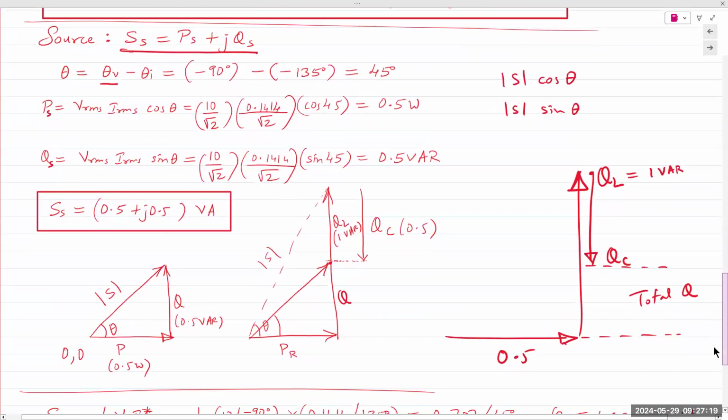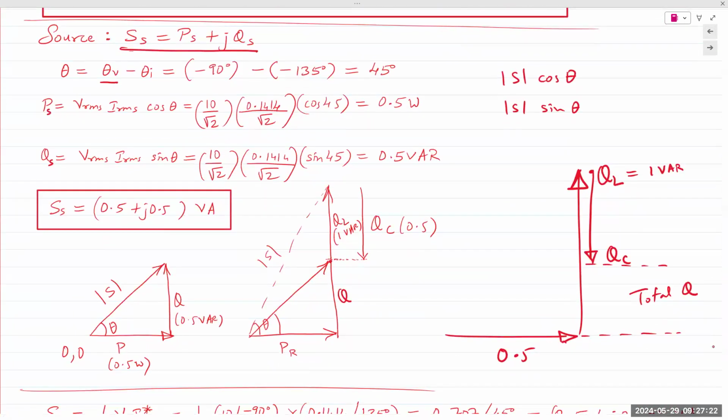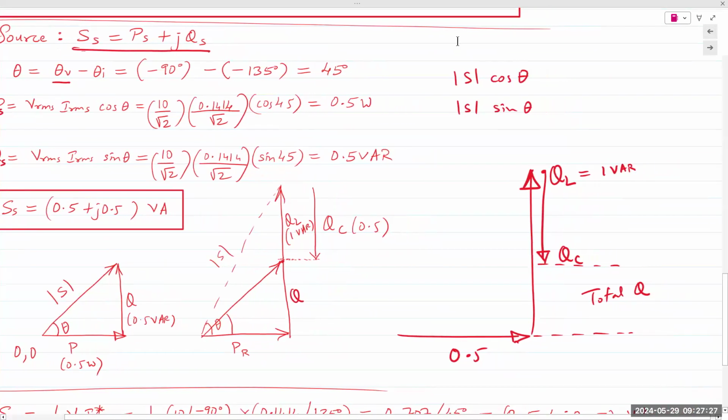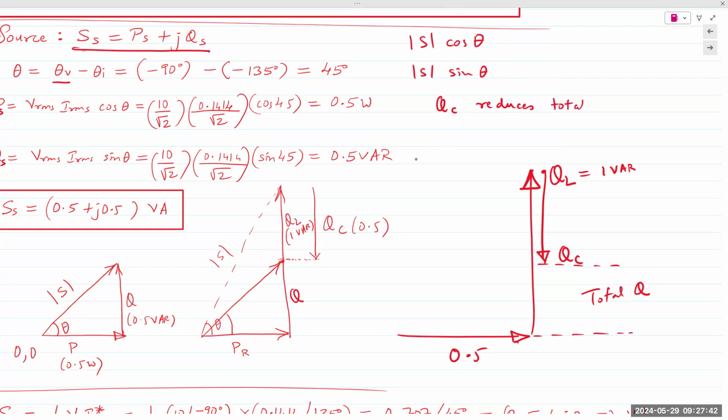Let's make a note right here. QC reduces total Q required from the source. Okay.